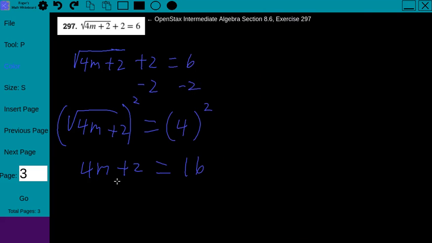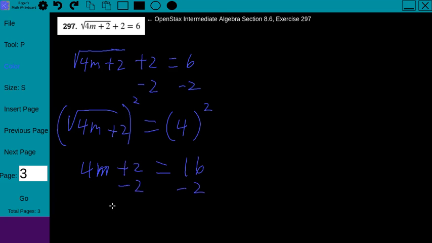Okay, so now the next step is we need to isolate the term containing the variable, whatever your variable is. Mine is m, but it doesn't necessarily have to be. So we've got to isolate this 4m. We've got this 2 being added to this 4m, and in order to undo that addition, we need to subtract the 2. And what we do to one side, we obviously have to do to the other.